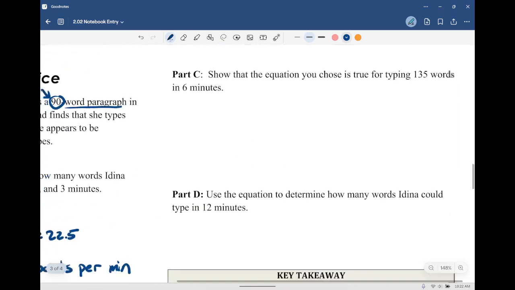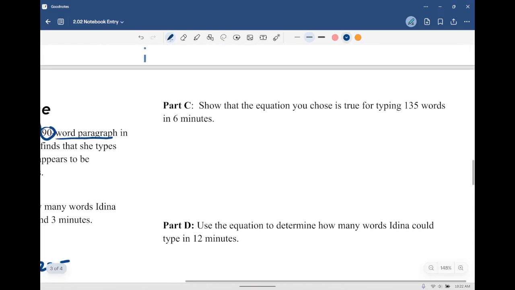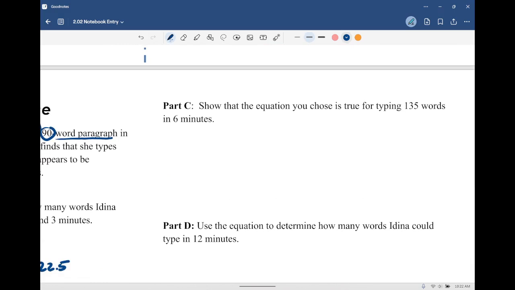All right, then. Part C, show the equation you chose is true for typing 135 words in 6 minutes. And so we're now essentially doing a prove it, because we named earlier that I could use whatever pair. I happen to use 90 and 4. This moment I'm going to use 135 and 6.